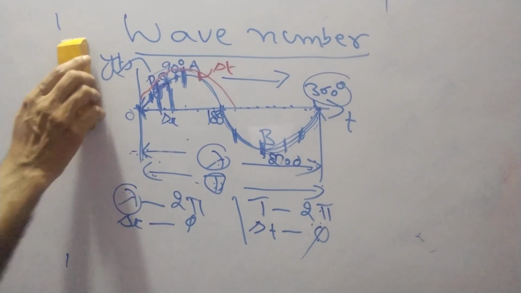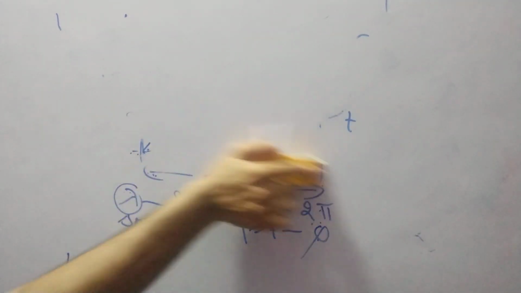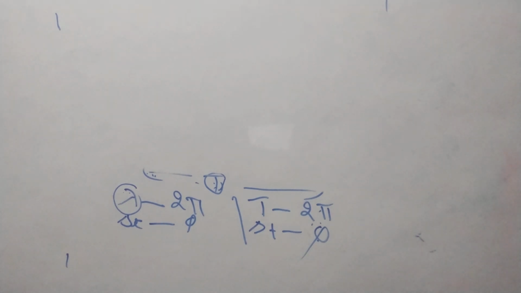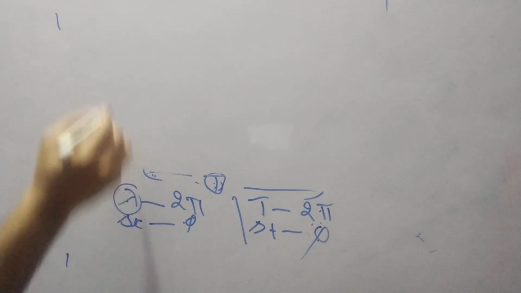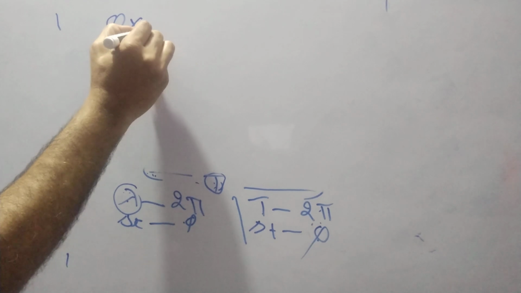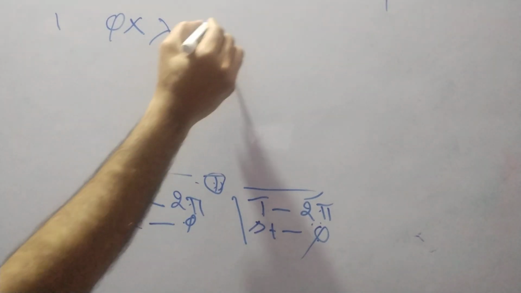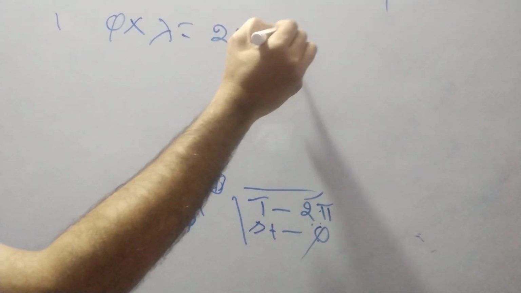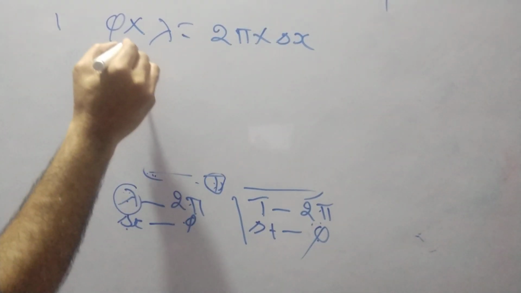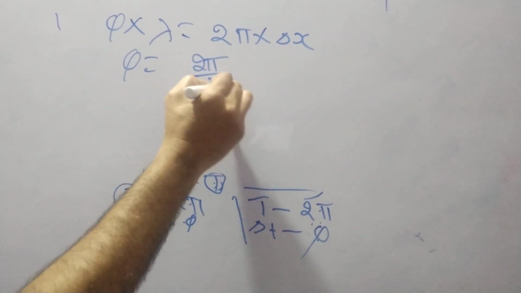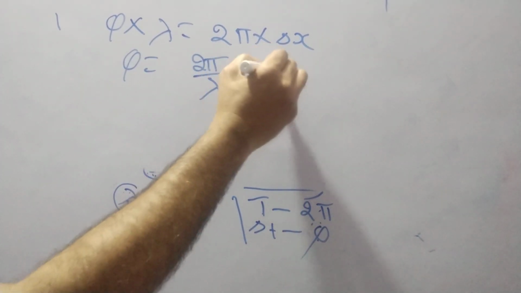These two equations I already derived. Now again I am writing here to define the wave number. To define the wave number, we require these formulas. So phi into lambda equals 2 pi into delta x. So the phase difference phi is 2 pi by lambda into delta x.